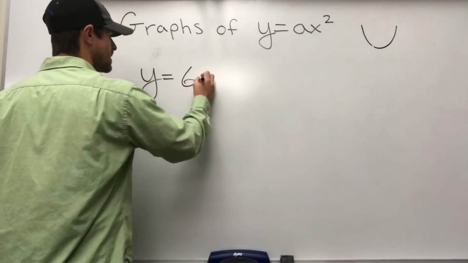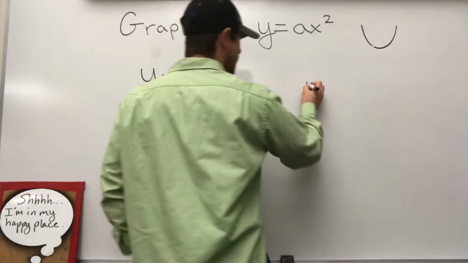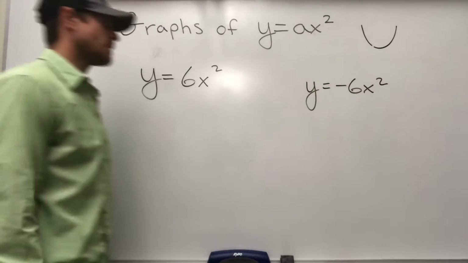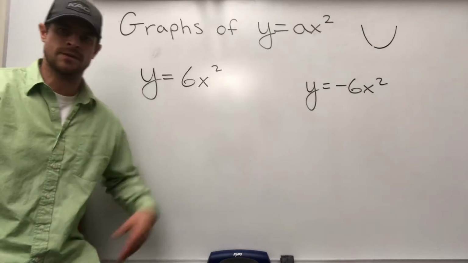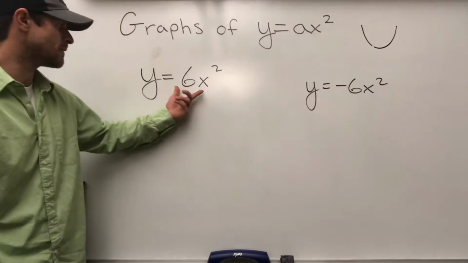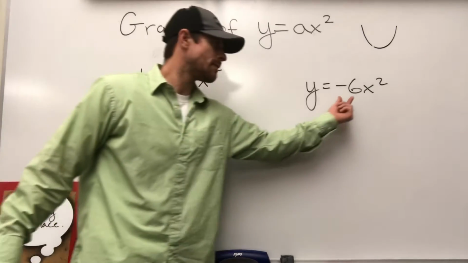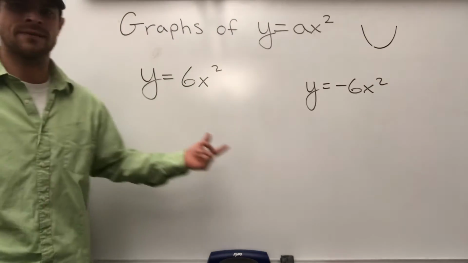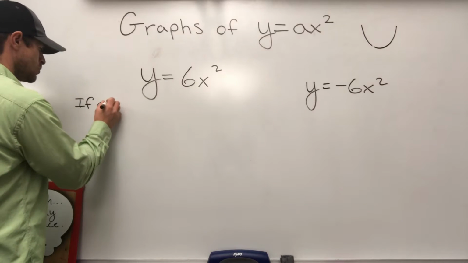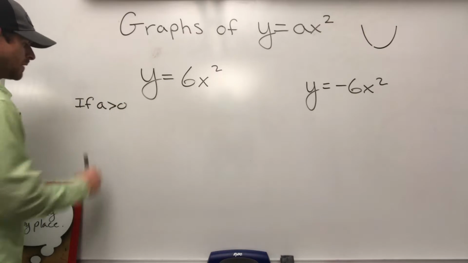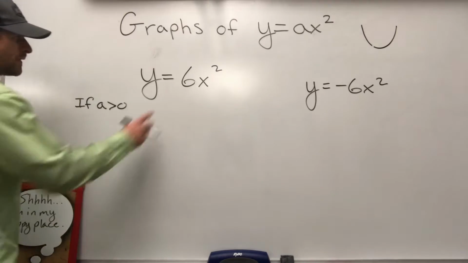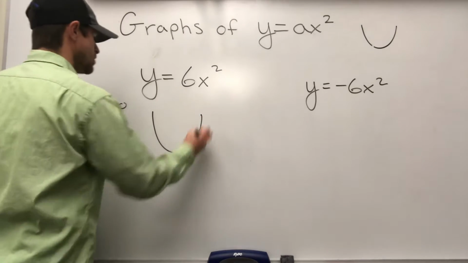Y equals 6x squared. And y equals negative 6x squared. You can probably tell the very important difference from this equation to this equation. We have a positive 6 here. Here we have a negative 6. Okay, so if A is greater than 0, just a fancy way for a mathematician to say A's got to be positive, you know we're going to have a U shape.